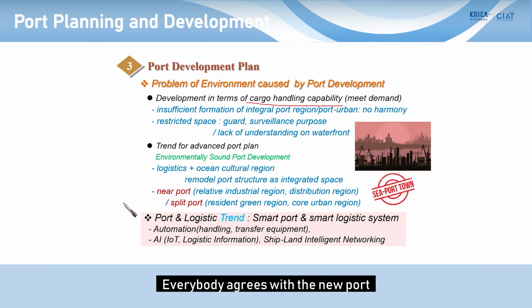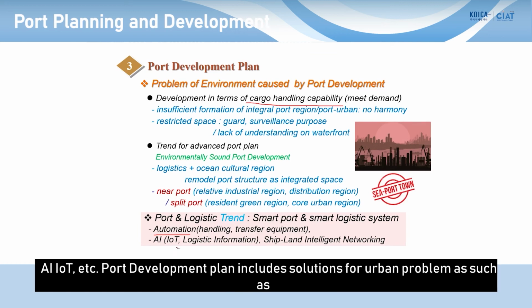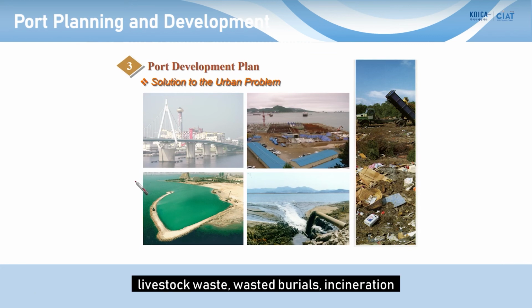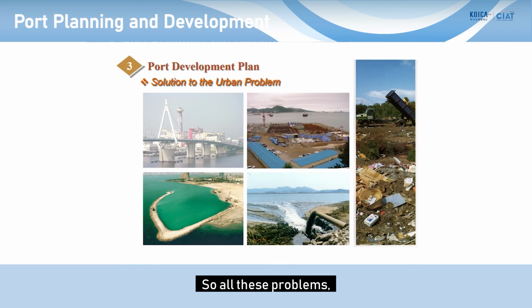Anyway, everybody agrees that the new port and logistic trends are the smart port and the smart logistic system, in terms of automation of systems and intelligent networking of ship and land with the support of artificial intelligence, AI, IoT, etc. Port development plans include solutions for urban problems such as sewage, excreta, livestock waste, waste burial, incineration, waste oil treatment, power plants, etc. So all these are urban problems.